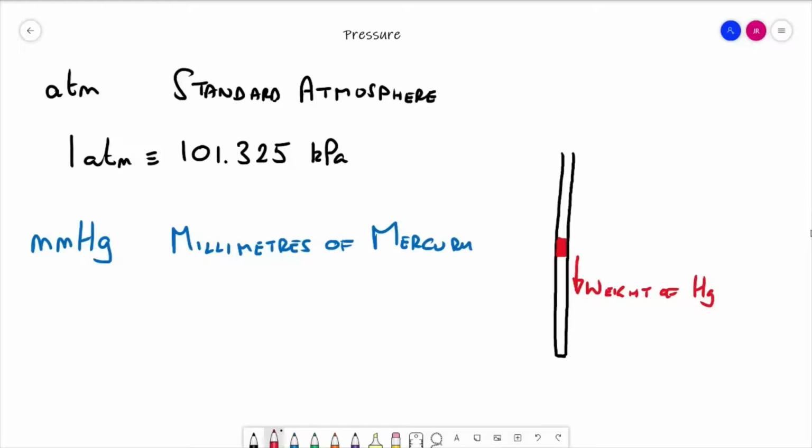So the millimetre of mercury was defined as the extra pressure.